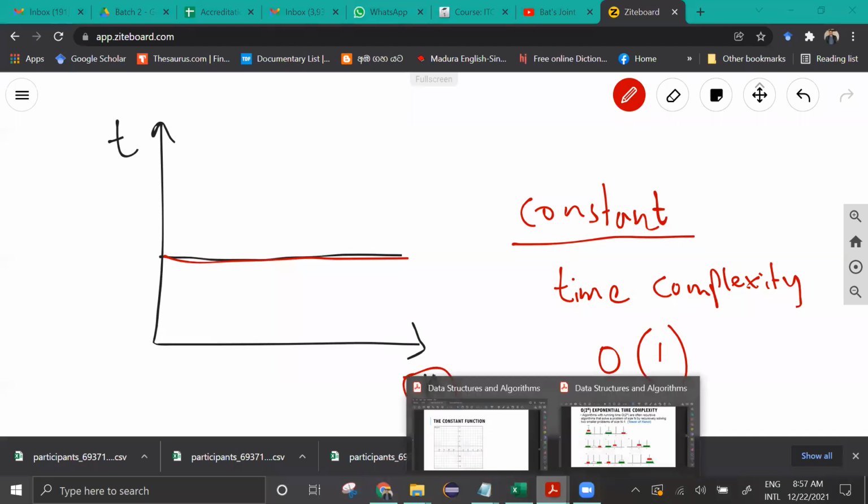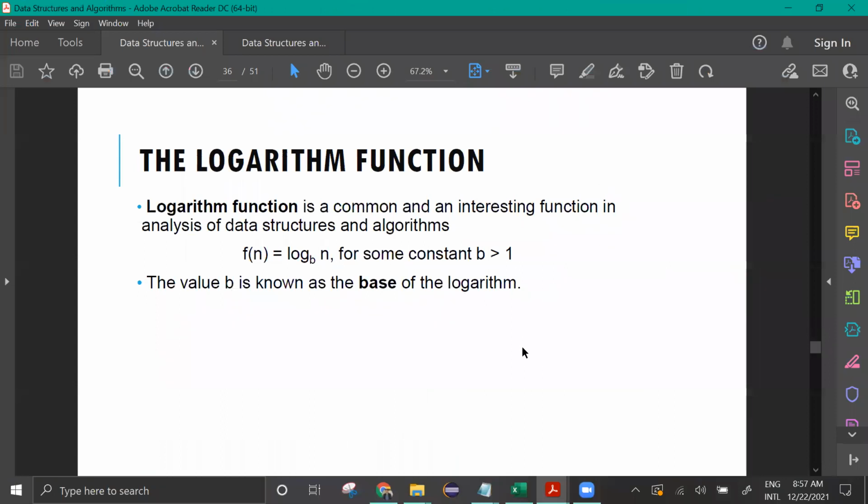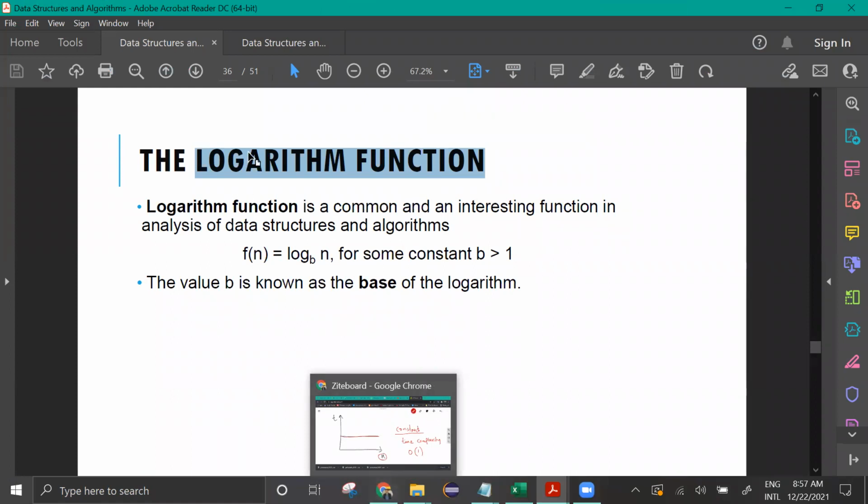Right. The second one, logarithmic function. Logarithm function, basically log function.